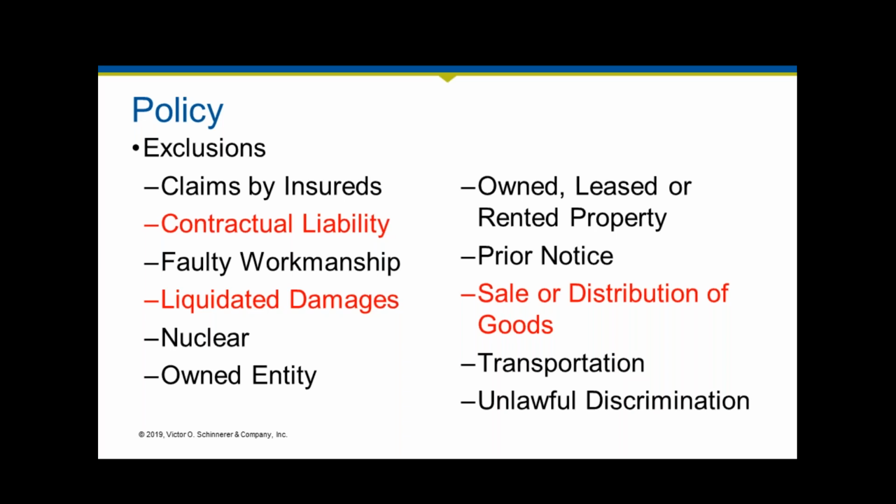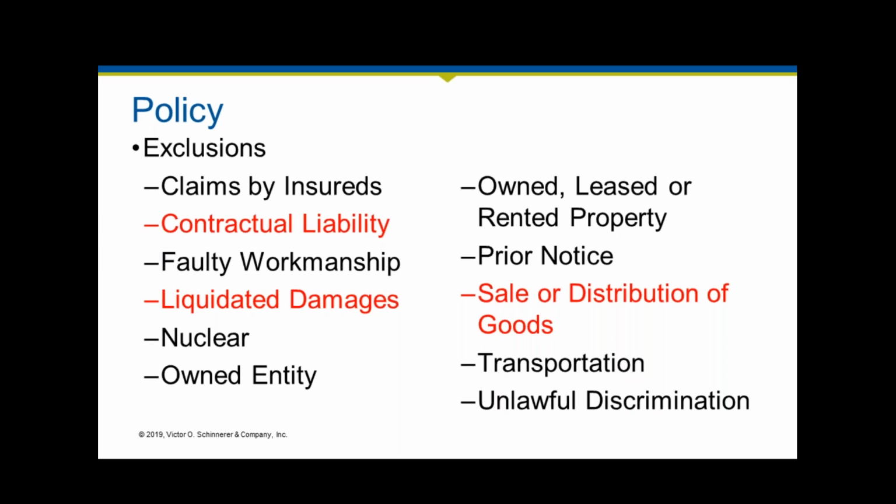Now let's go back to the policy language, because one section of every insurance policy talks about exclusions to the policy. Whether it's your auto policy that may exclude you renting out your car for services like a Lyft or Uber, or your homeowner's policy that may say you have no coverage if you rent out rooms under Airbnb, there are exclusions in every insurance policy.